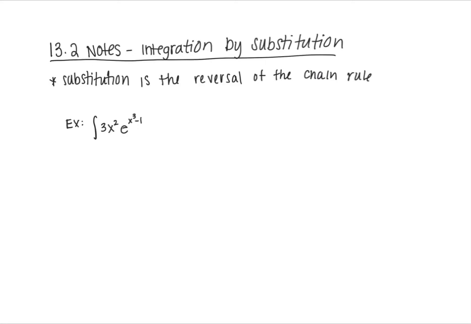Welcome back. Today we're going to learn a new technique of taking integrals, and it's the undoing of the chain rule. If you remember from the chain rule, if I wanted to find the derivative of e to the 10x, for example, I had an inside portion and an outside portion, e to the something, right?